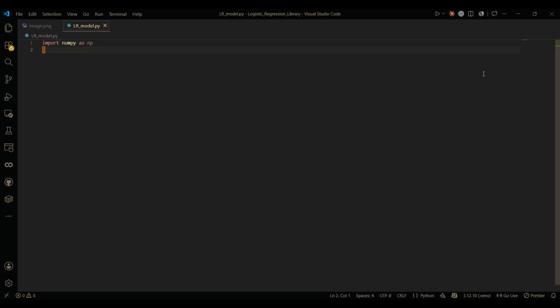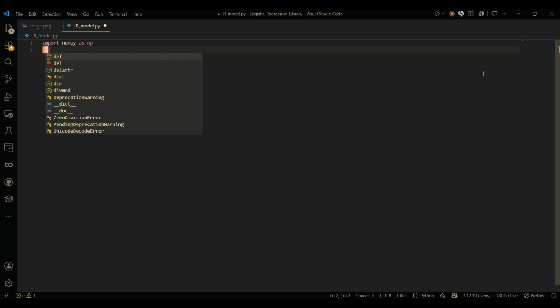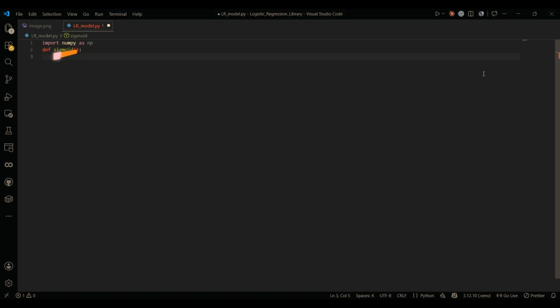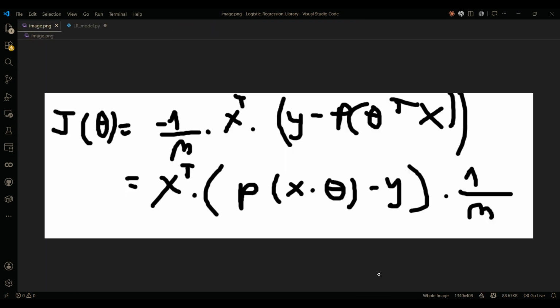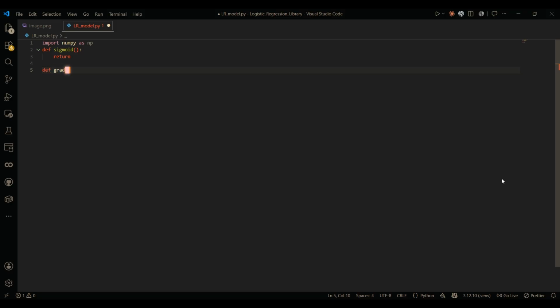So firstly, let's come up with a framework for this model. We'll have the sigmoid function, right? So I just write it like this, return something. Secondly, we'll need to use gradient descent to optimize the parameters by minimizing the loss function. Basically, we'll just do gradient descent on this derivative of the loss function until it approaches really, really close to 0. So we'll have gradient descent right here.